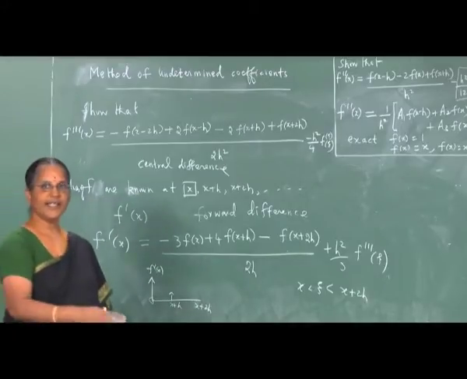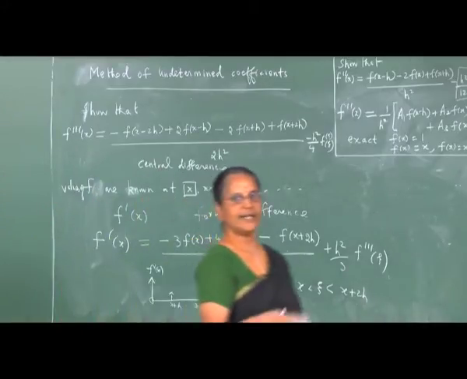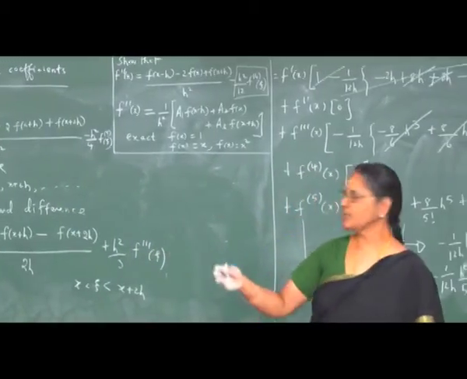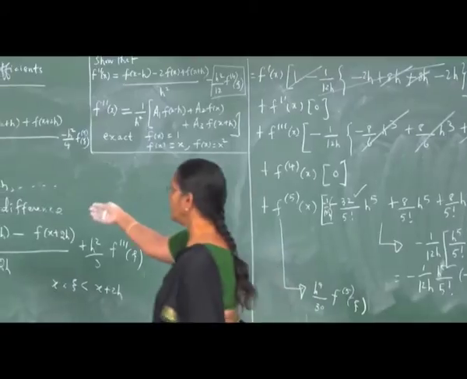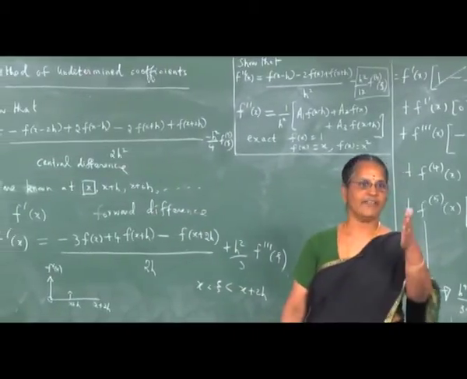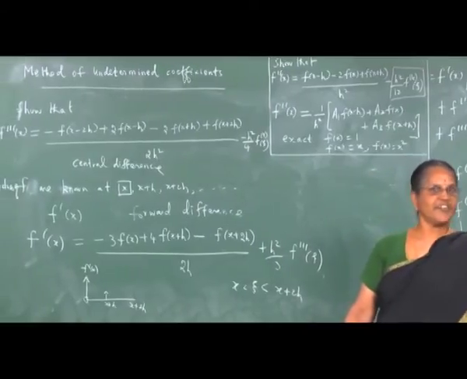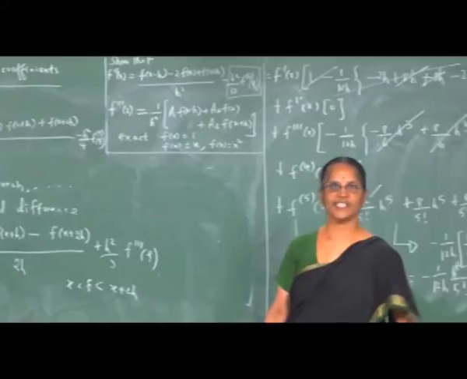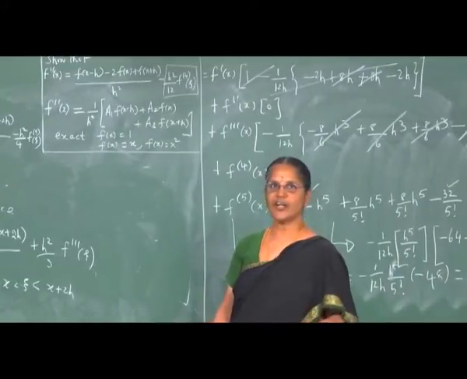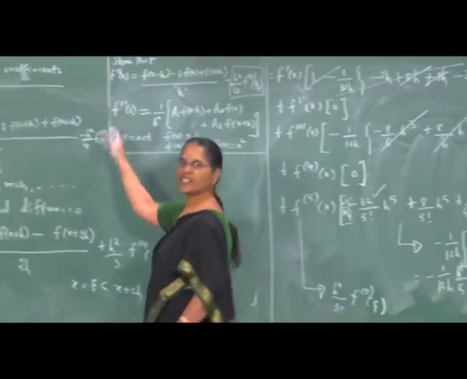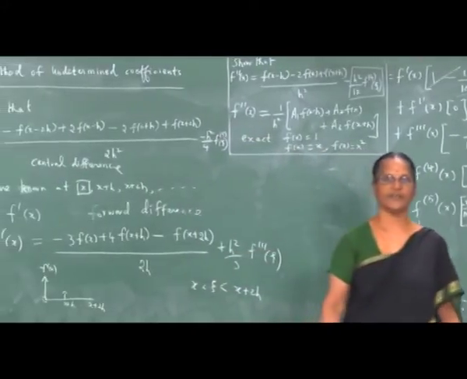You can derive by the method of undetermined coefficients forward difference approximations, and analogously backward difference approximations in terms of the values to the left of x, namely values at x minus h, x minus 2h and so on, for various order derivatives, or central difference approximations for any order derivative.